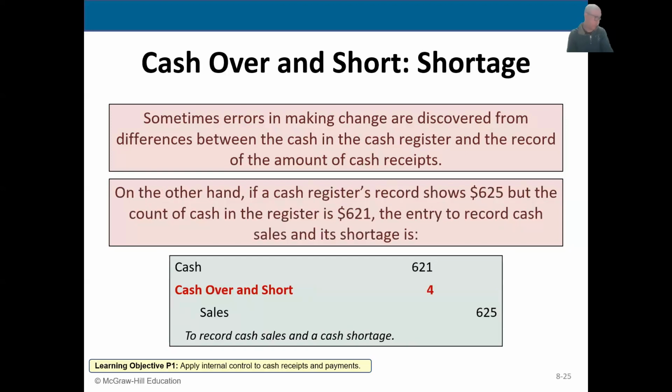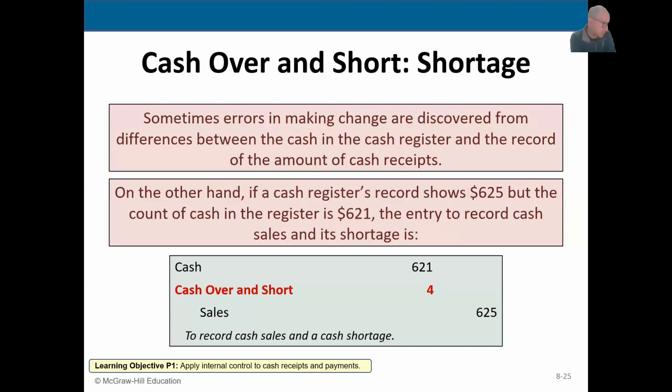Now, what about a shortage? Sometimes that happens too. You didn't give enough change back to the customer. Whoops. Or I'm sorry, you gave too much change to the customer. Whoops. Okay, that happens. So the cash register showed $625 in sales. We counted the register. There's only $621 in there.